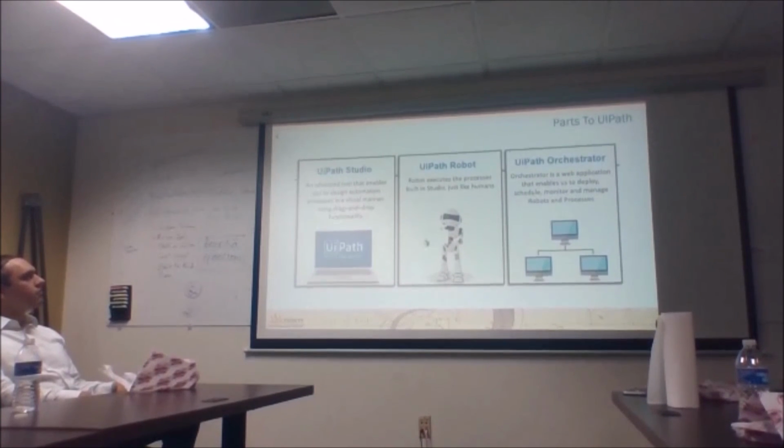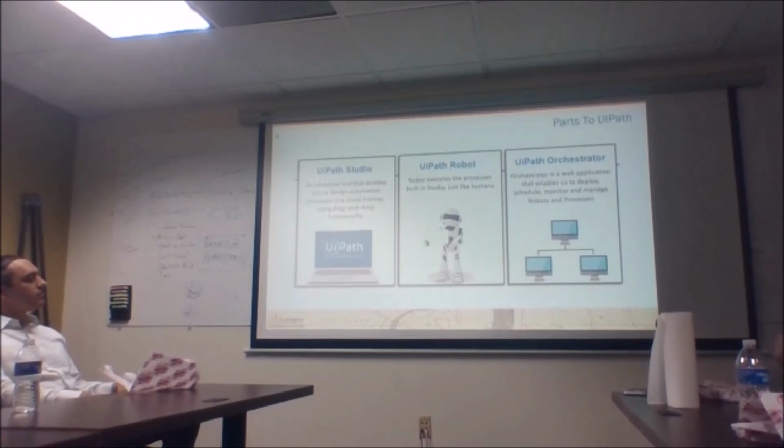The robot itself is what runs it. So you have a UiPath robot, and that resides on the machine that you want it to run on. When you publish your project from Studio, your robot can run that on a scheduled time, or you can run it manually whenever. For our current project, we have a robot installed on the client's VM.